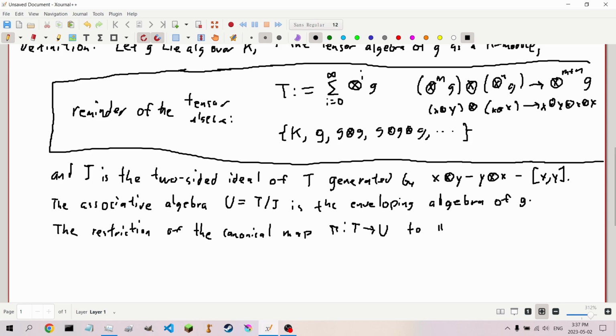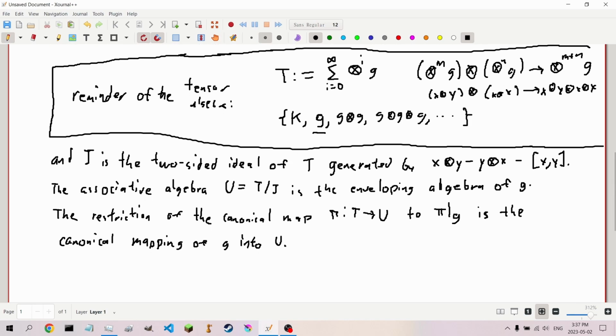And the restriction of this to G, because G exists in T directly, is the canonical mapping of G into U.